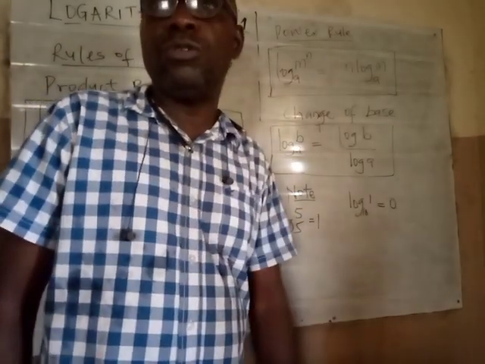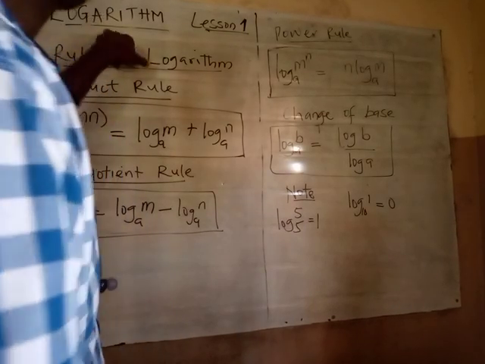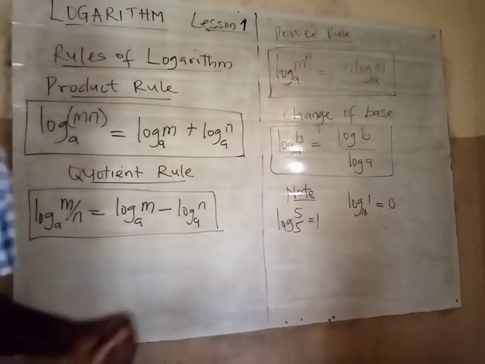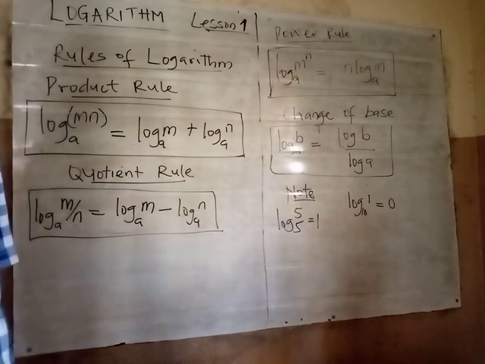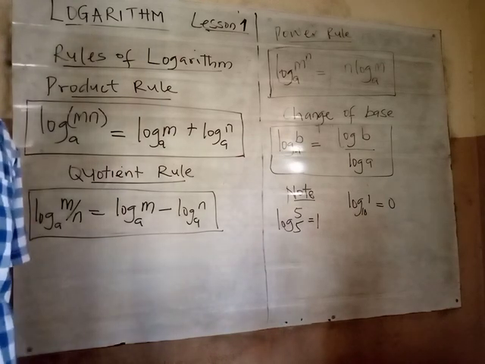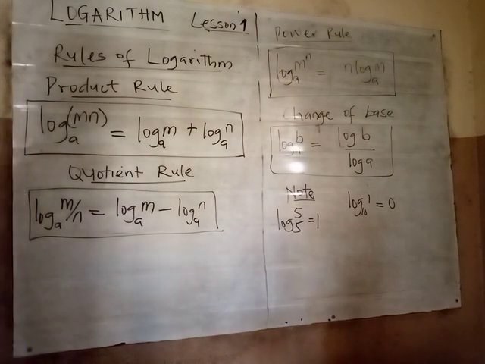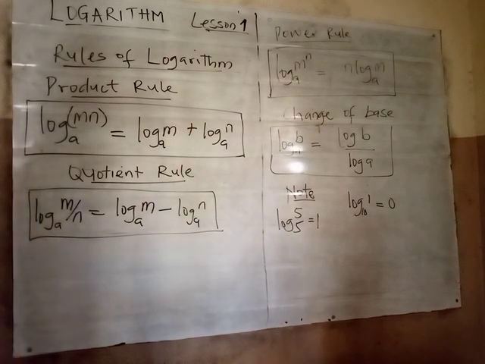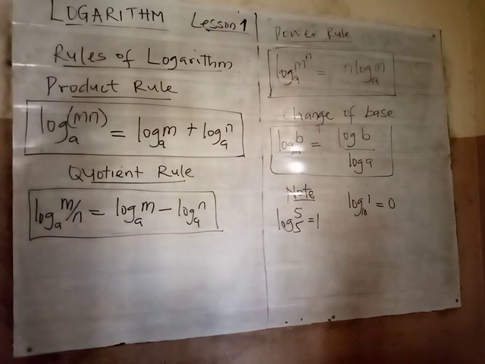Today we are going to do a new thing and it is log reading. Log reading lesson 1. Log reading is the power to which a number must be raised in order to get some other number, or it can also be defined as a given power in which the number can be written.